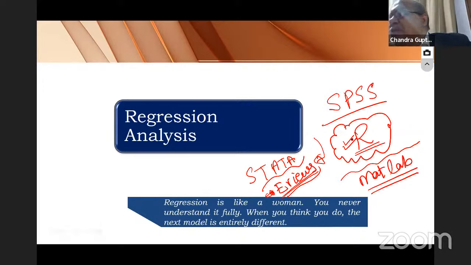Gurvika Rao, why do you say that patience is not important? Gurvika, why do you say that having patience is inappropriate? Okay. No intention. Okay, regression is like a woman.